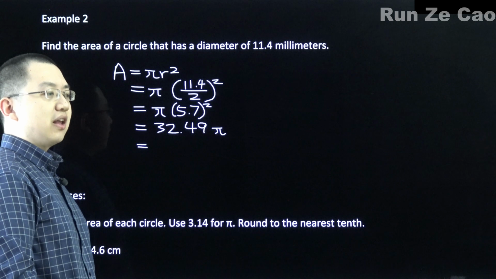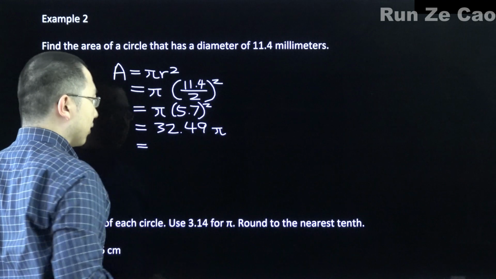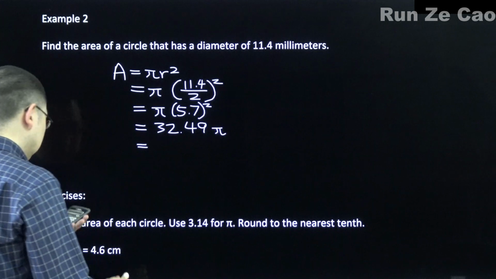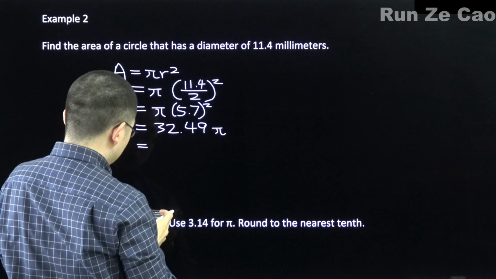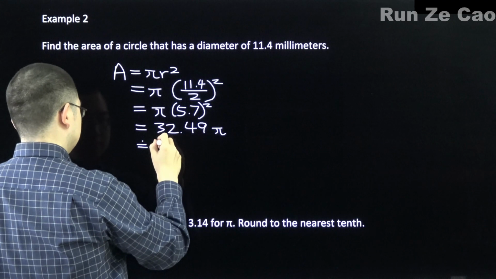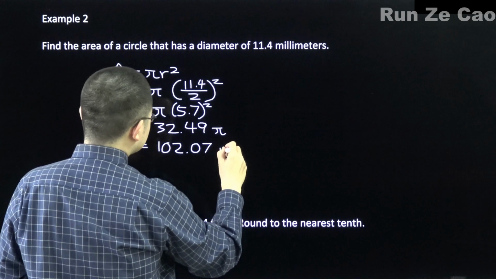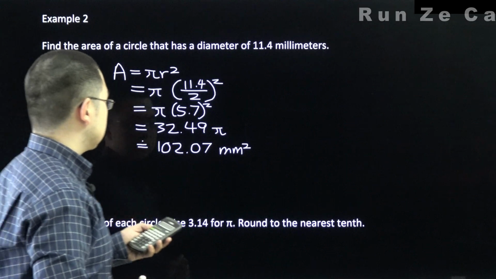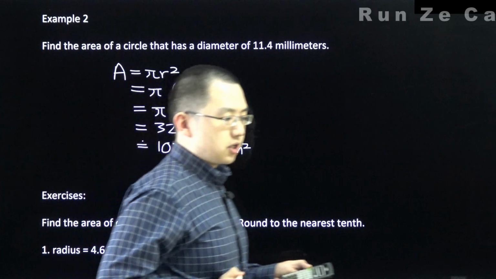But if it's like 2 to the 11th power or something, people are going to be like, whatever. So you state the exact value, and then you approximate. Unless the question says just keep the exact value, in which case, of course you don't bother going any further. So this is approximately 102.07 millimeters squared.